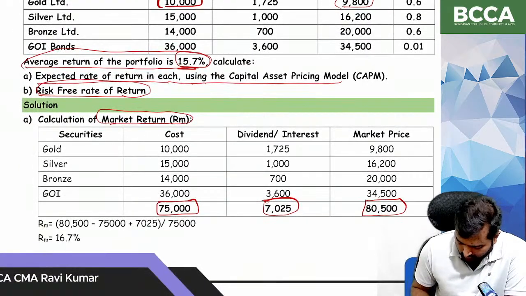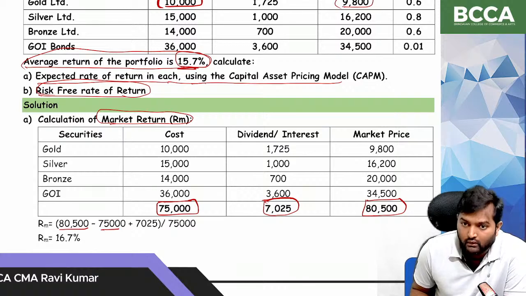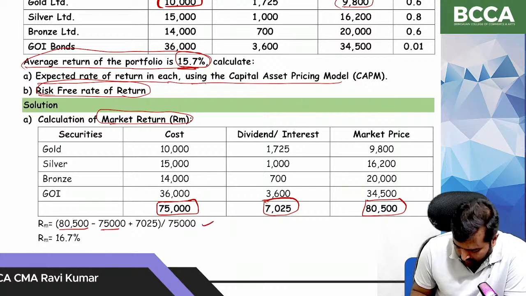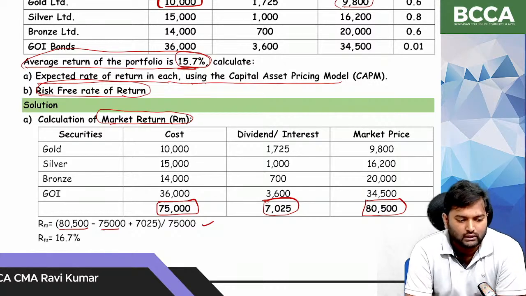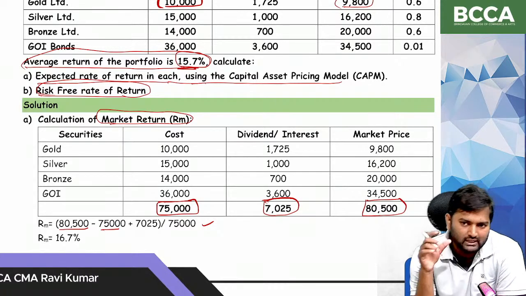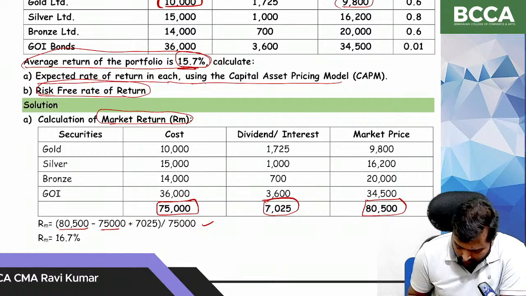It is 80,500 minus 75,000 plus 7025, divided by 75,000. Is it right? This calculation is okay, convincing. But actually, this is the return of a portfolio. But we are assuming it as a market return.